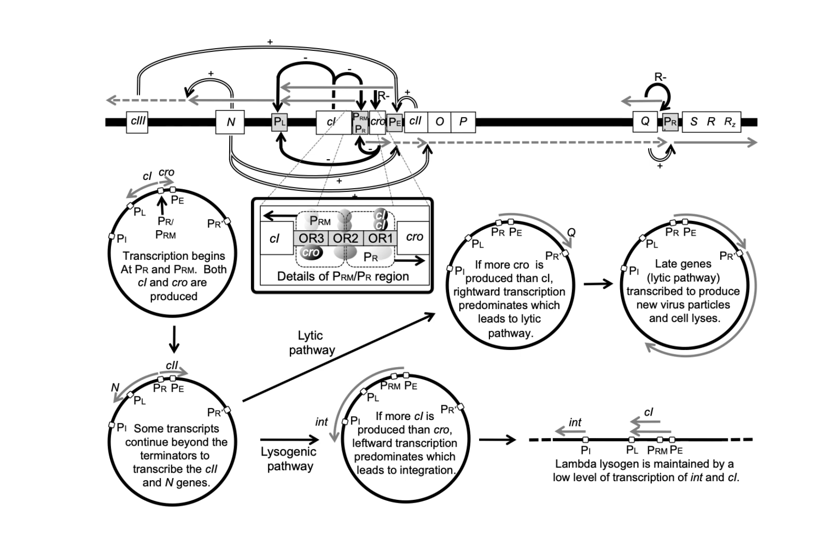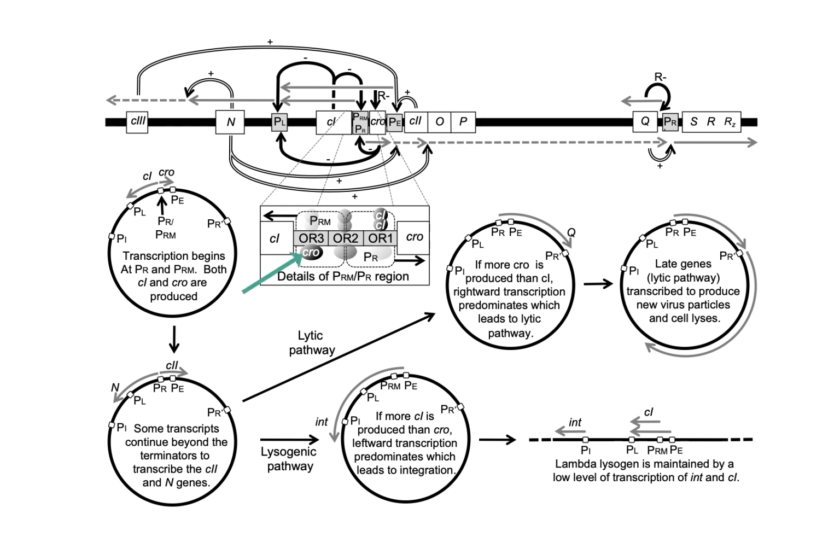And if you look in the center at that PRM-PR region, what you find is those two promoters overlap with one another, and they also have operator sites, OR1, OR2, and OR3. And C1 and CRO actually bind to those regions, sort of in a reverse order.